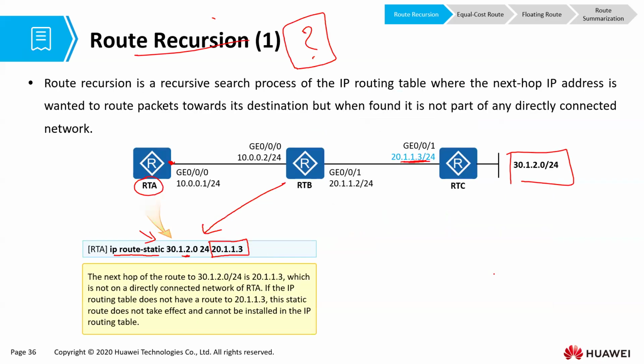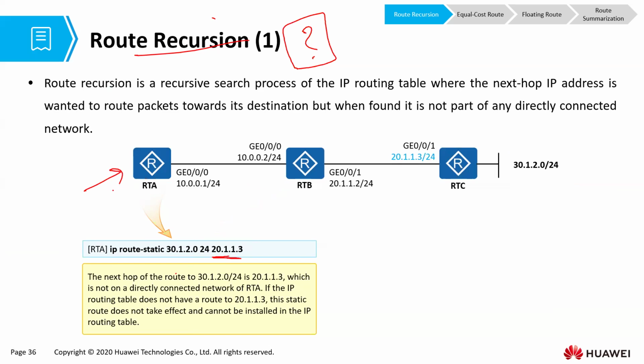Right. Route recursion is a search process of the IP routing table where the next hop IP address is wanted to route packets towards its destination, but when found, it is not part of any directly connected networks. So in this example, we've configured a route on RTA.